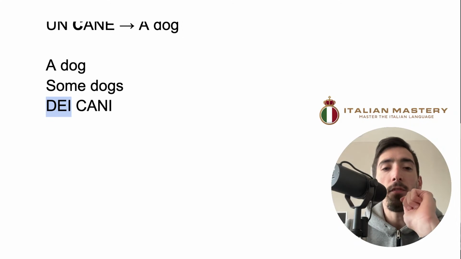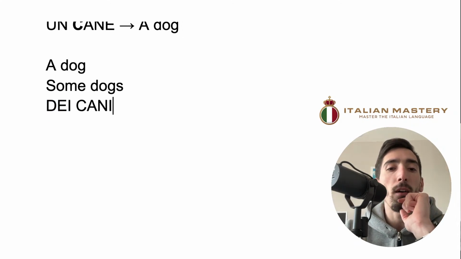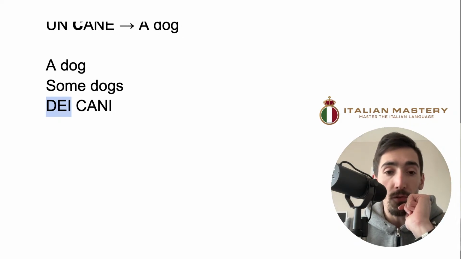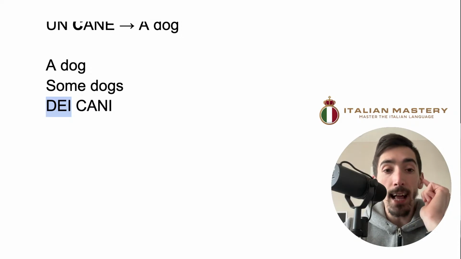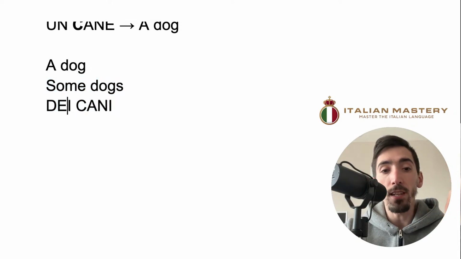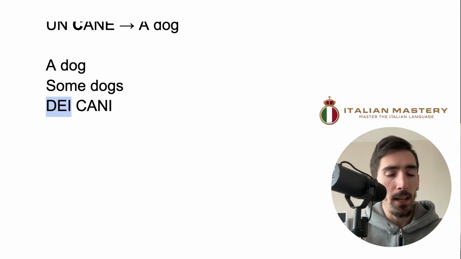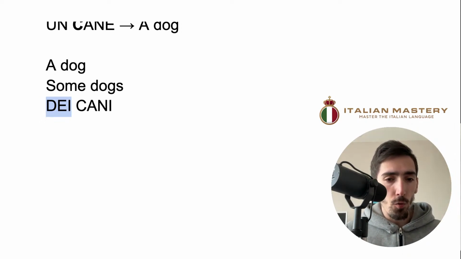Now I'll give you 30 seconds to think about why this could be confusing. What other word can be found in Italian that looks and obviously sounds exactly like dei? And by the way, in Italian, if two words look the same, they also are pronounced the same.